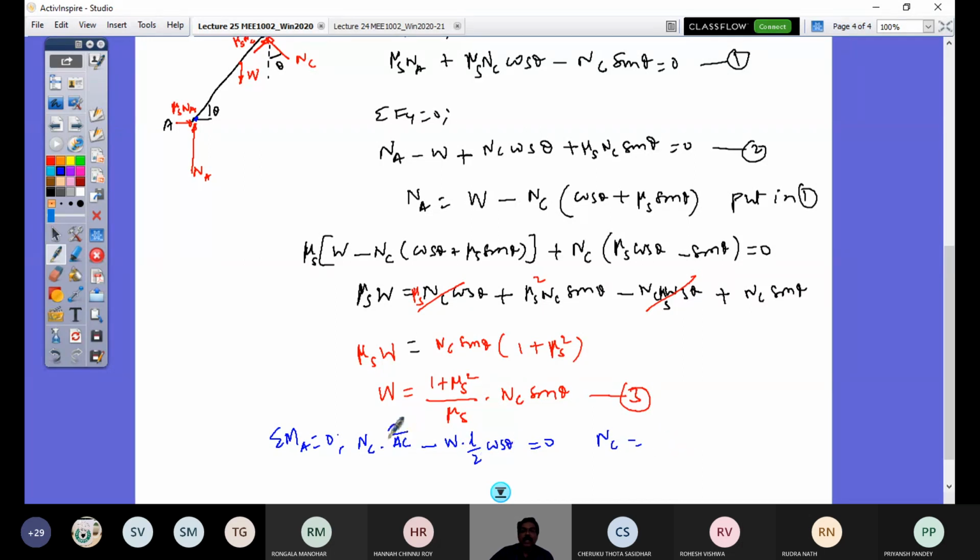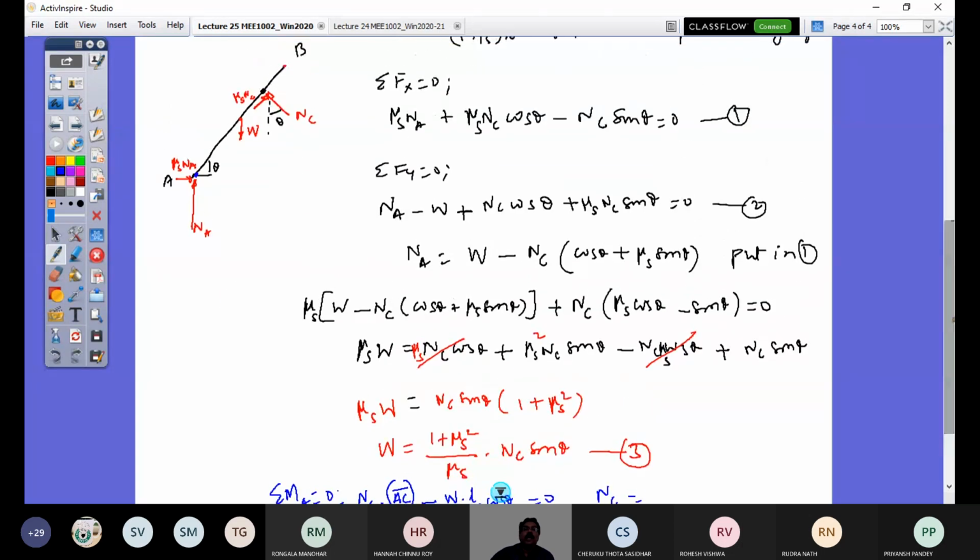Now this height AC I would be able to express in terms of this geometry height. Look here, I have this point, this height H. So what is this AC? AC would be this distance plus this distance squared, right?